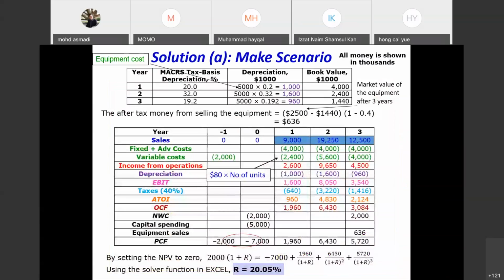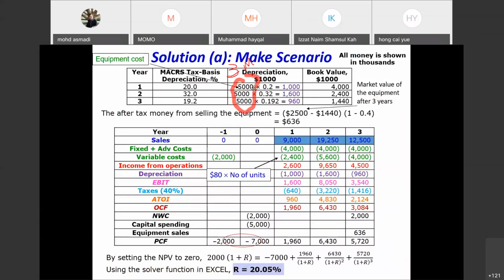So if you look at here, this is the equipment cost. You have to calculate new book value and also depreciation. From the previous example, this one is 3 million, and this one is 3 million.